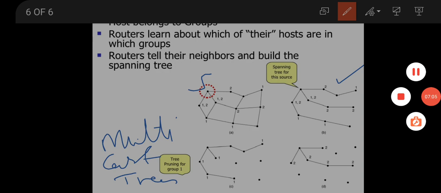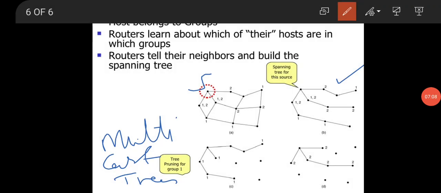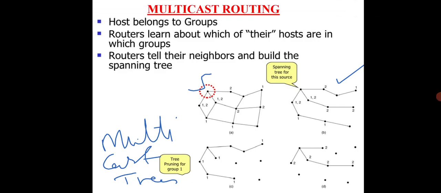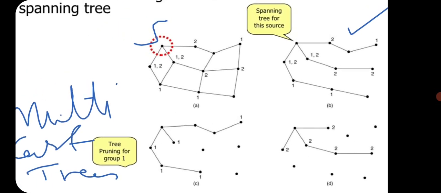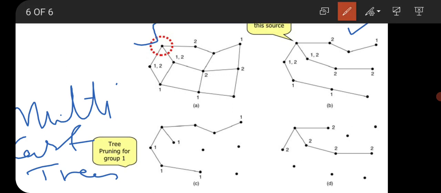So here we have a concept called multicast trees. This is the network which is given, this is the spanning tree which is drawn, and this is the multicast tree for group 1, and this is the multicast tree for group 2.